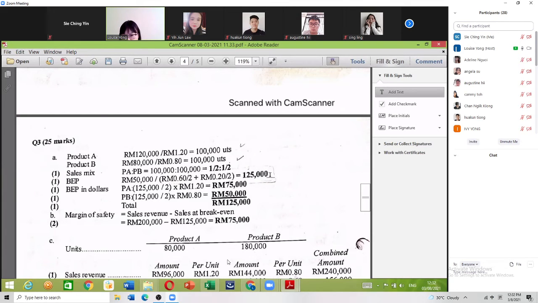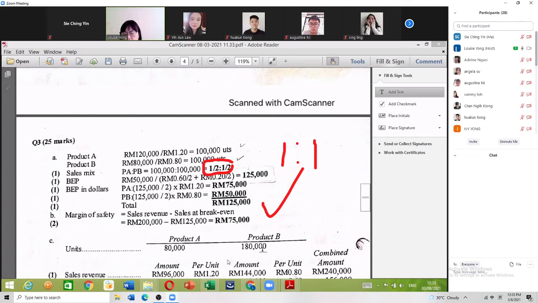Then substitute inside, so what will be your break-even point for A and B? Then times the selling price, you will get your break-even point in RM. 这个 suggested answer 的 sales mix 是1半对1半，如果你要1对1的话，后面的答案还是一样的。You go back and try it.